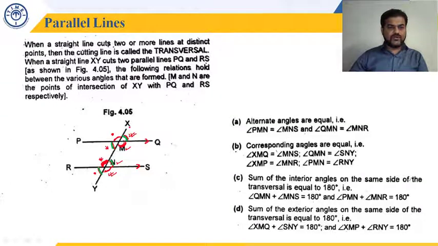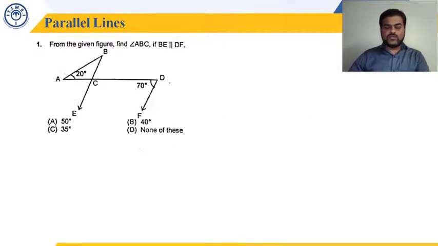If you look carefully at all these angles, you will see these all are equal to each other. Okay, so all the green angles that you see, they are all equal to each other, and all the red angles that you see, they are all equal to each other. Okay, fine.